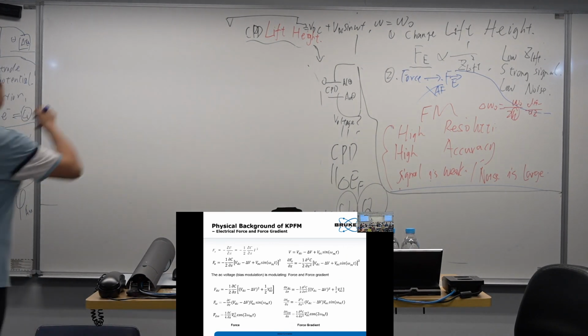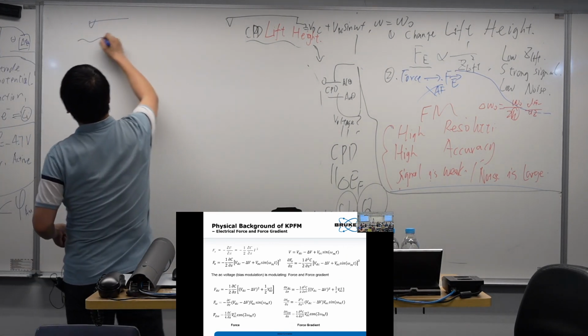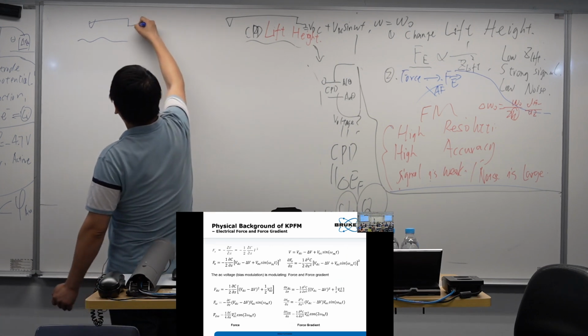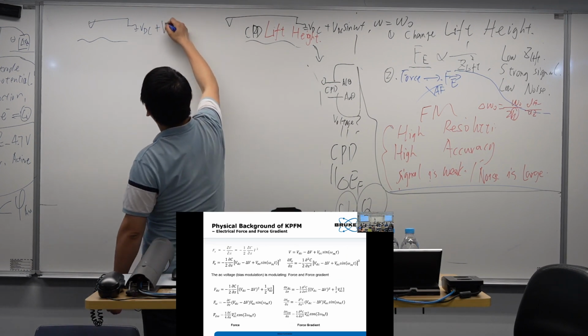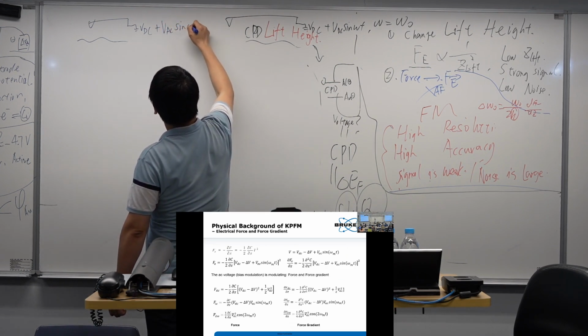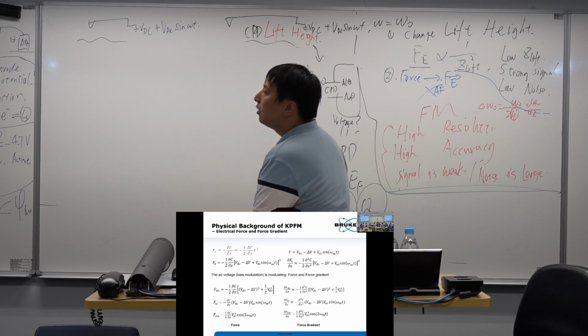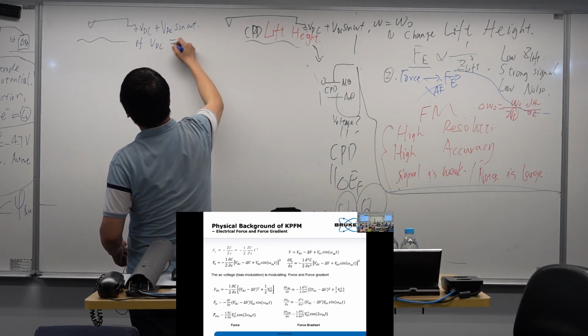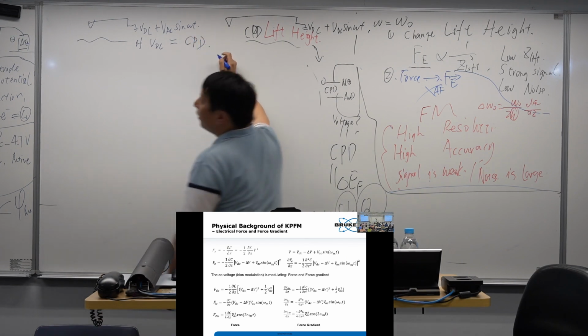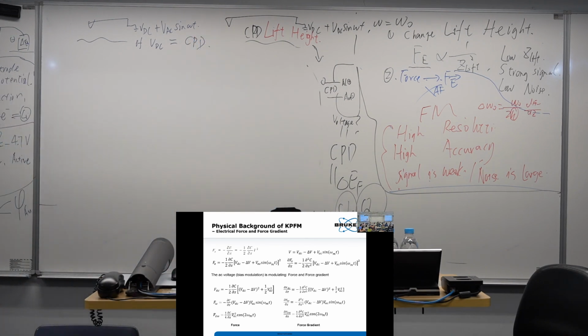If we have a tip and we have a sample, we apply a VDC on the tip, and we apply a VAC sine omega t on the probe. Our idea is that if VDC equals the CPD, this term will be 0, right? That's the idea of the AM.